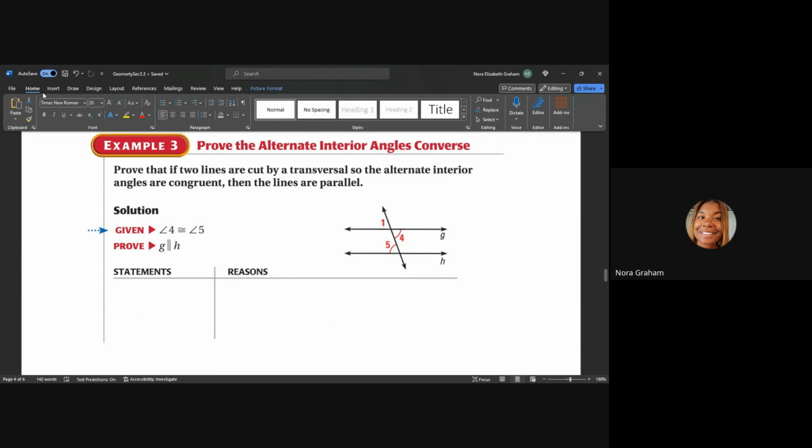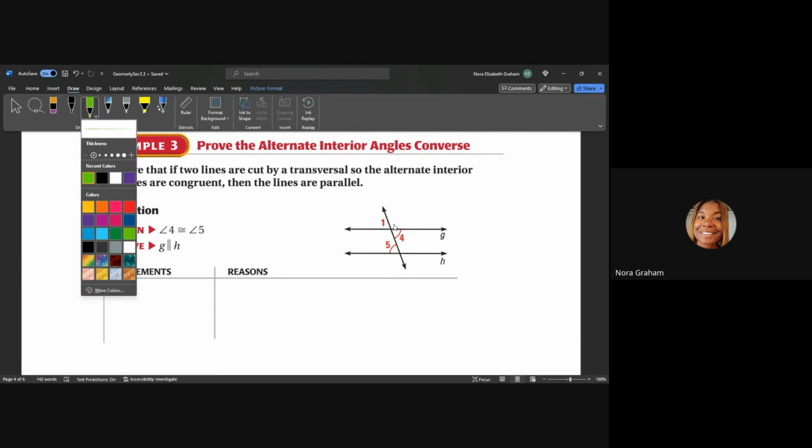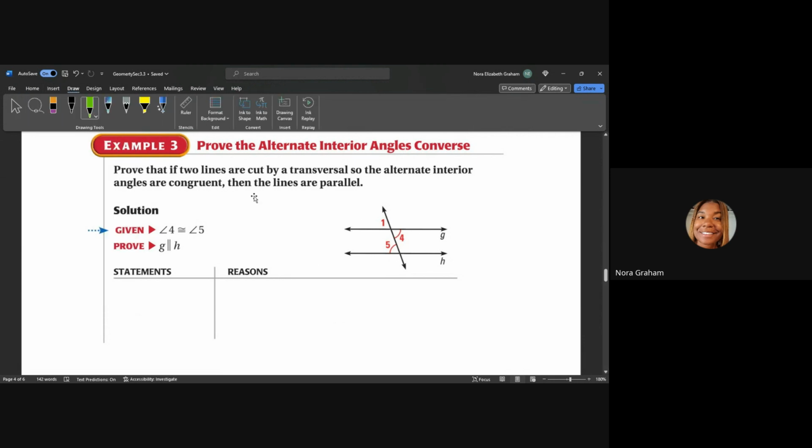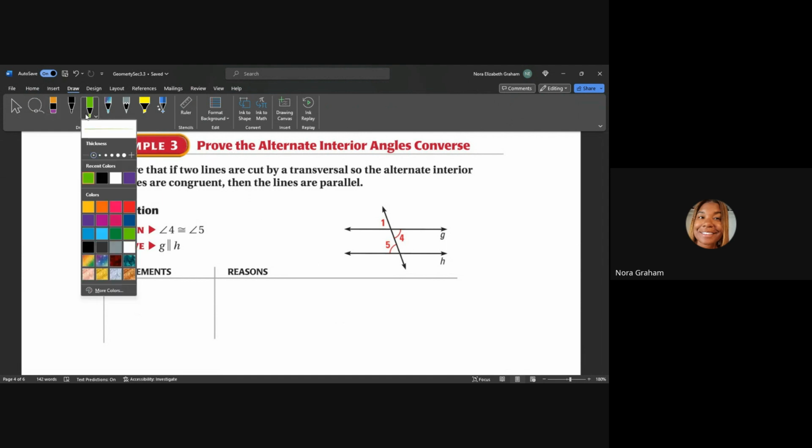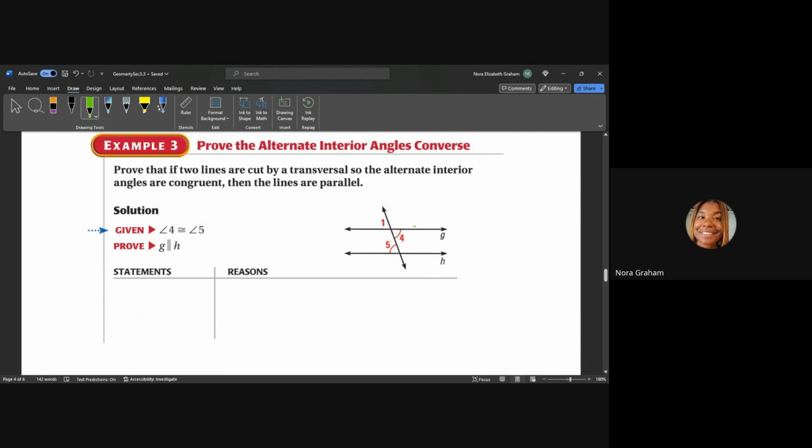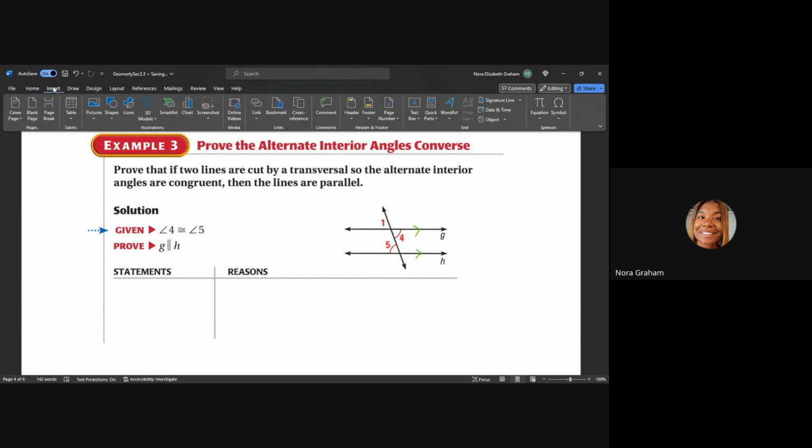We need to prove or show that G is parallel to H, okay? And we're going to do that with our steps and with our theorems that we have.